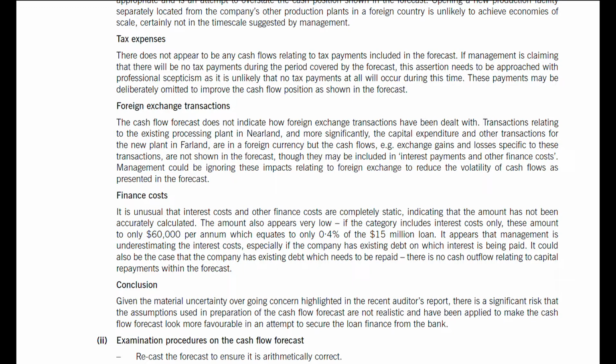Management could be ignoring these impacts relating to foreign exchange to reduce the volatility of cash flows as presented in the forecast.